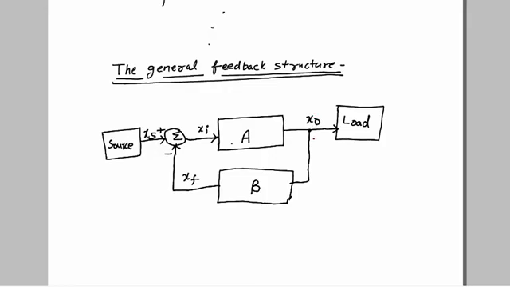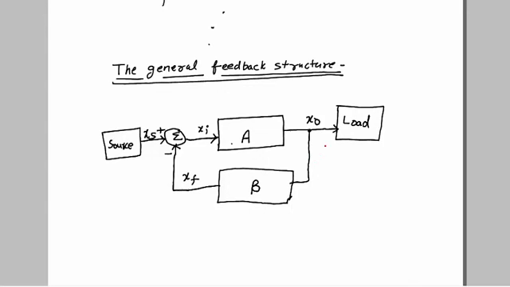This is sampled, and through the feedback network beta it goes to the input. So this is the general structure of a feedback amplifier. Here x represents voltage or current. I hope you understand the general structure.